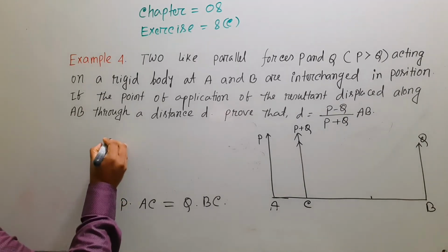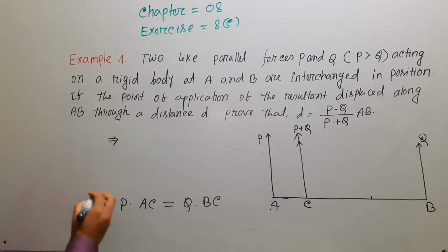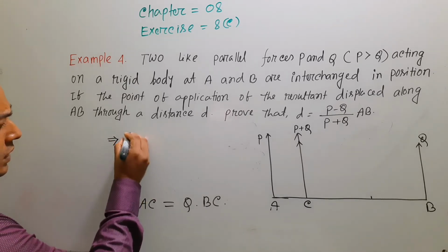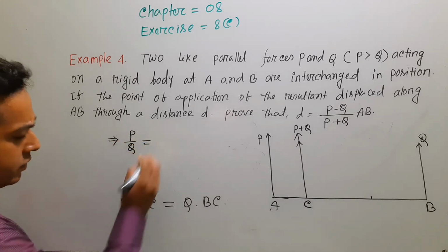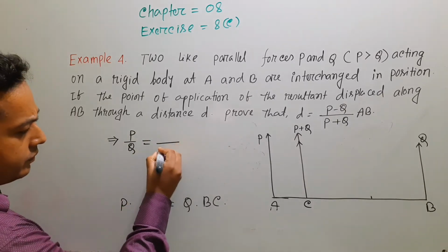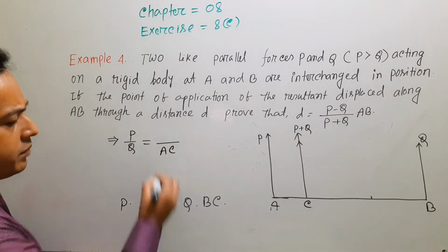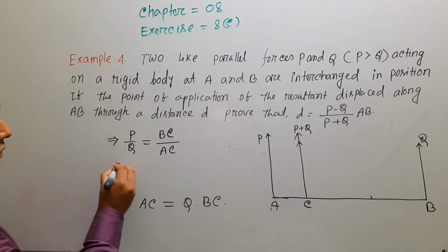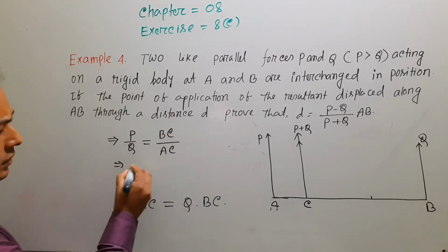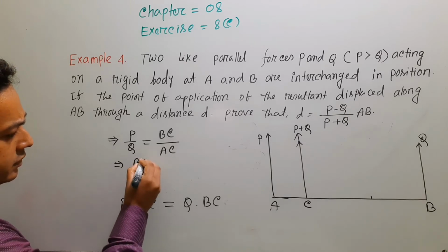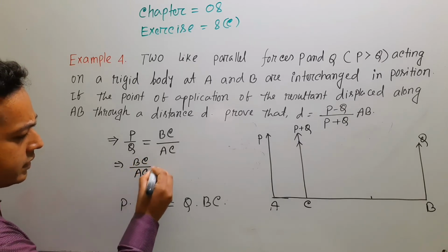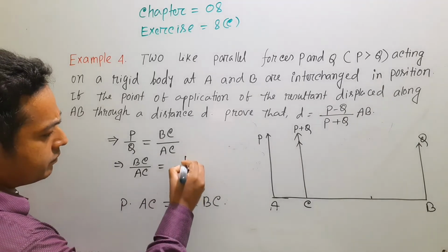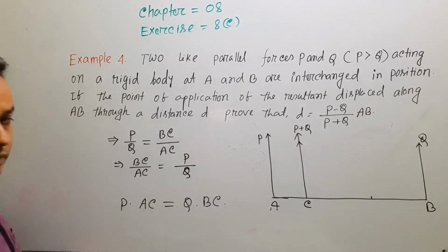Now P divided by Q is equal to BC divided by AC.